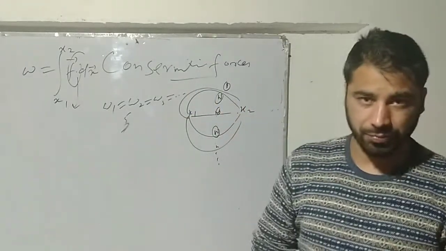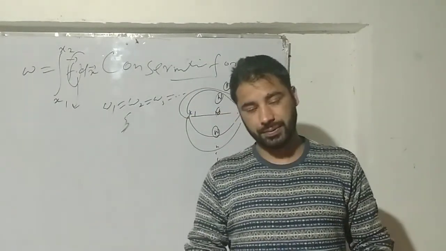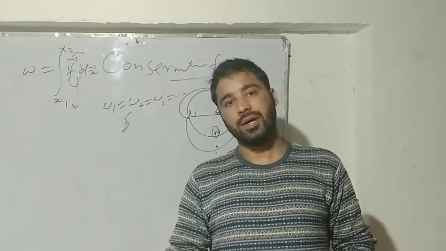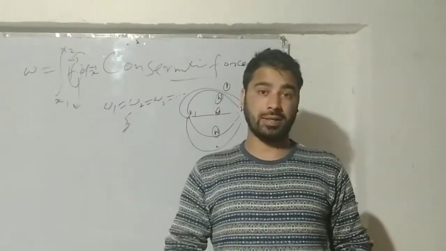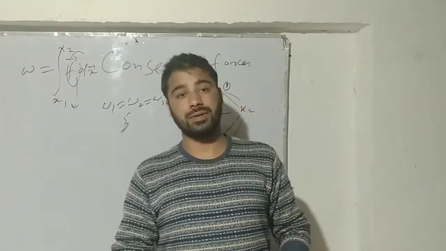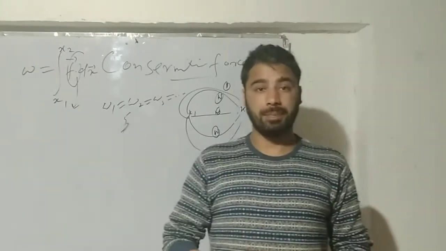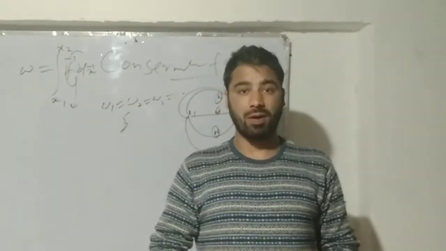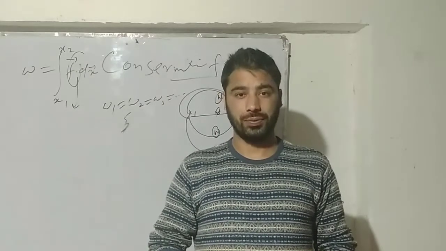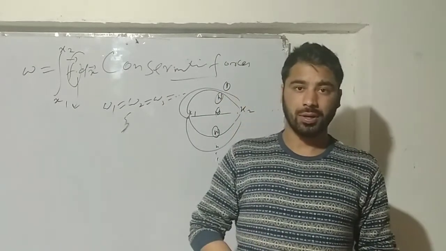A conservative force is one in which the work done between 2 points through any physically possible path is the same. Or I can state the same thing this way: the work done is path independent under the action of the force. These forces are known as conservative forces.